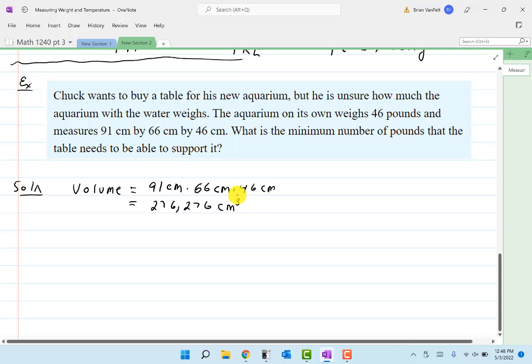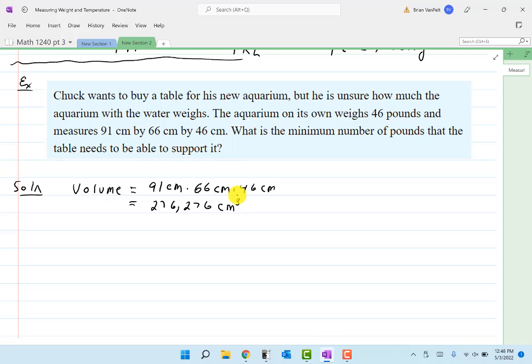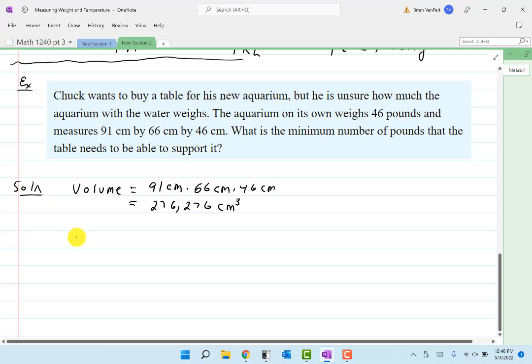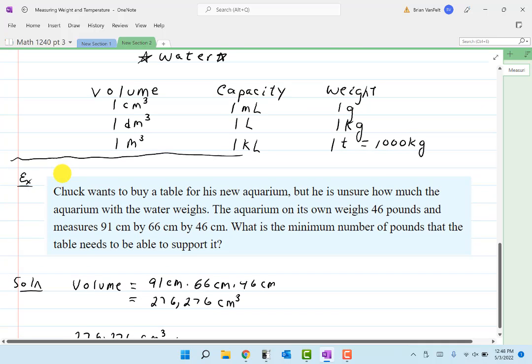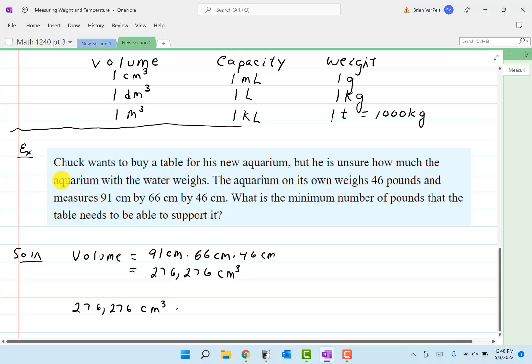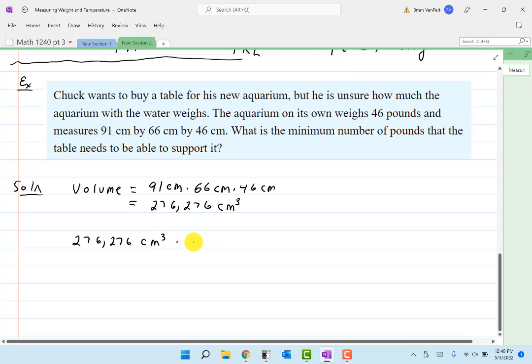And now we're interested in connecting that to pounds if we can. So let's take a look at that. I'm going to start with 276 centimeters cubed. Now let's go ahead and take a look at my weight here. Right there we have a connection. The volume cubic centimeter is equal to 1 gram, so let's go ahead and do that. So I'll have 1 gram, and then I'll have 1 cubic centimeter. So I can wipe that out.